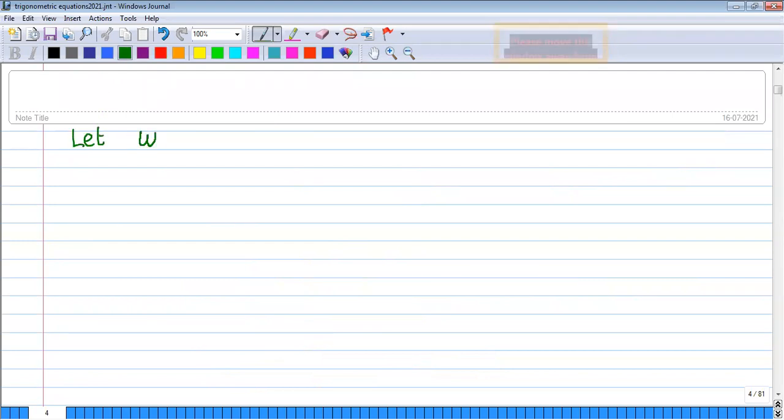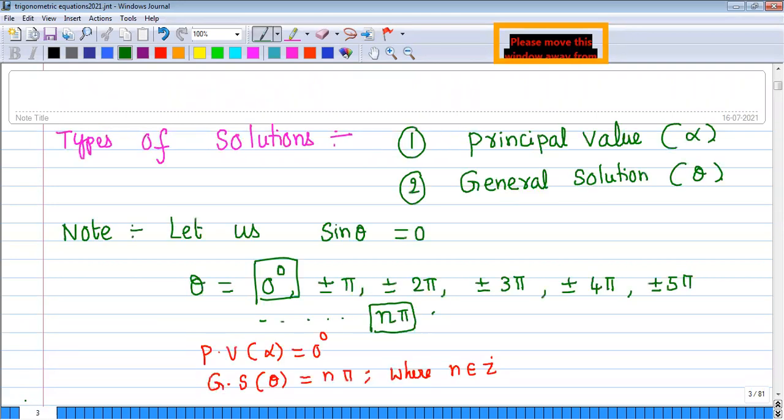cos theta is equal to 1. Just think about the solutions of cos theta is equal to 1.